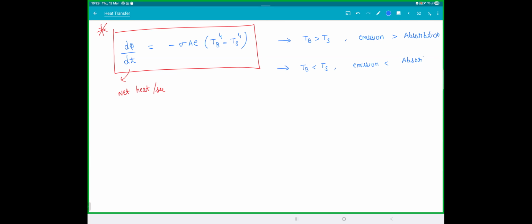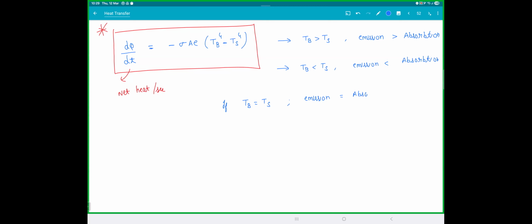Now, there can be a theoretical question. What if they're equal? If TB is equal to TS, will the radiation stop? The body will still continue to emit photons. That is one thing people think, that if the temperature becomes equal, the body will stop emitting photons. No, that is wrong. You're still emitting photons, but you're absorbing the same amount.